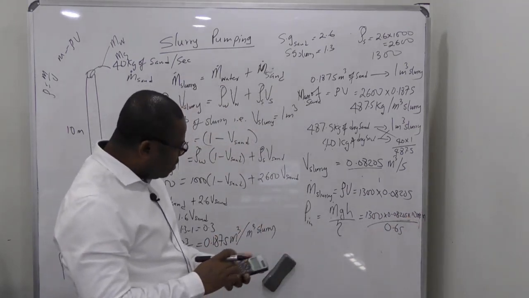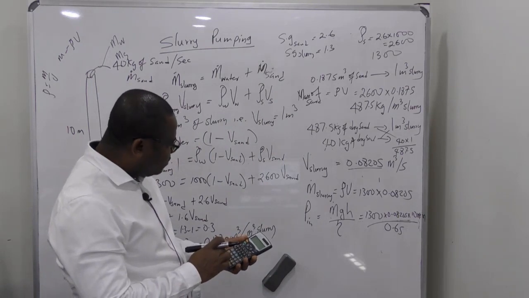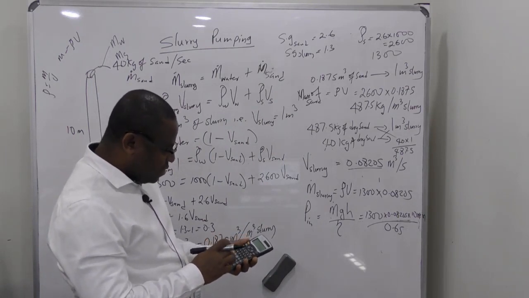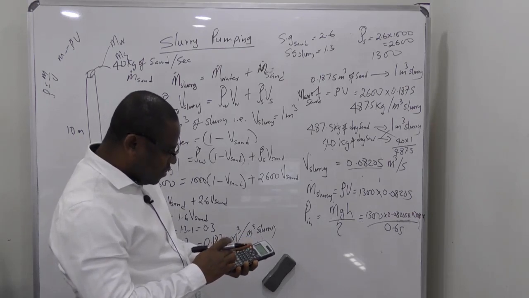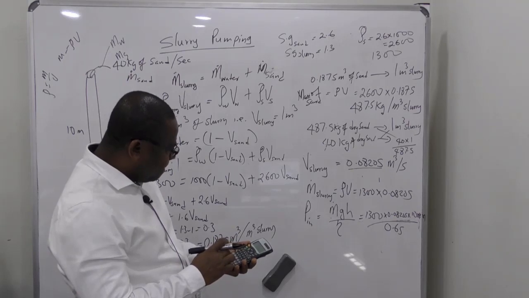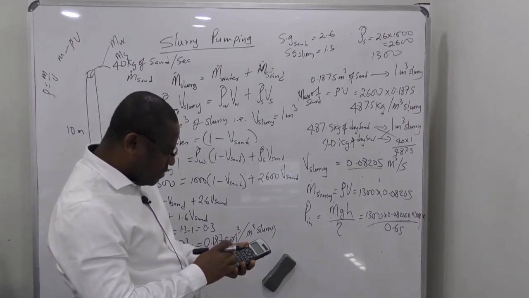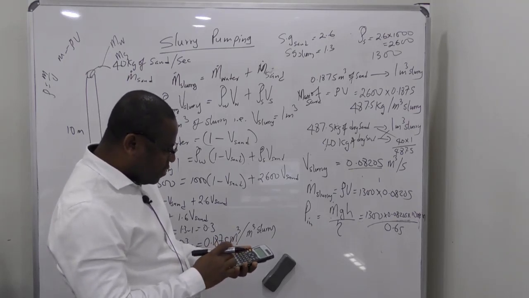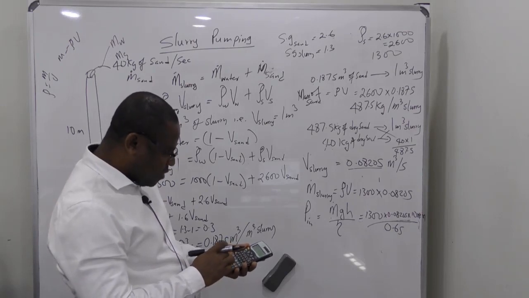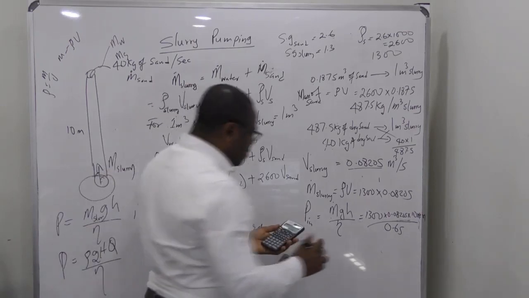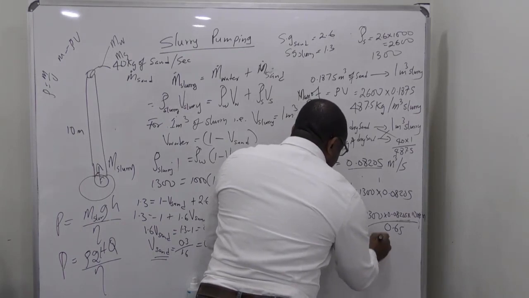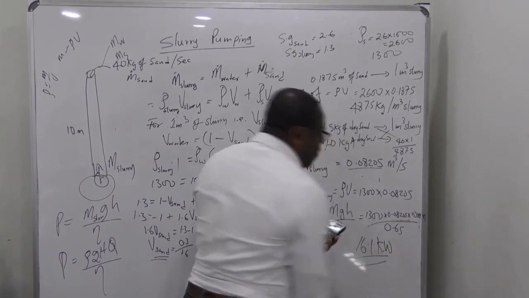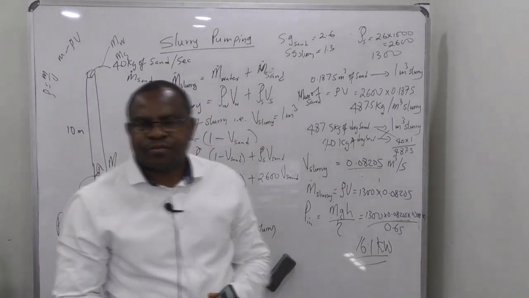So I have 1300 times 0.08205 times 10 times 9.81, then divide by 0.65. Okay, so you get 16.1 kilowatts, or 16 kilowatts.